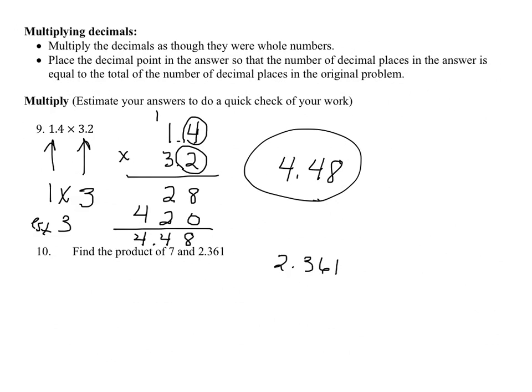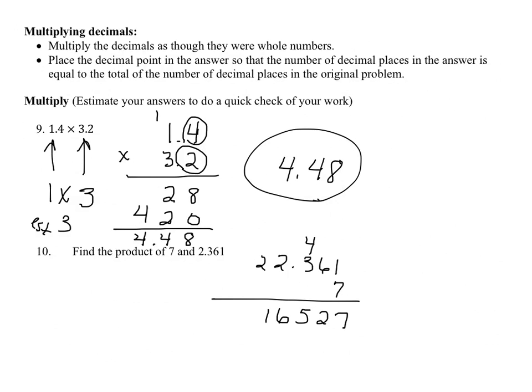So we'll do the same thing for the next one. 2.361, which is 2 and 361 thousandths, and I'm going to multiply it by 7. So again, I'm going to multiply it as if I'm multiplying two whole numbers together. So 7 times 1 is 7, 6 times 7 is 42, 3 times 7 is 21, add 4 is 25, 2 times 7 is 14, add 2 is 16.